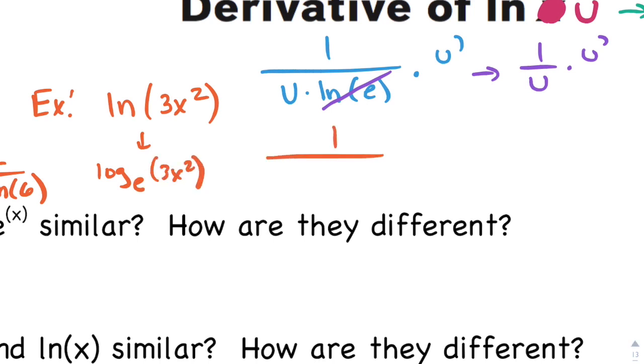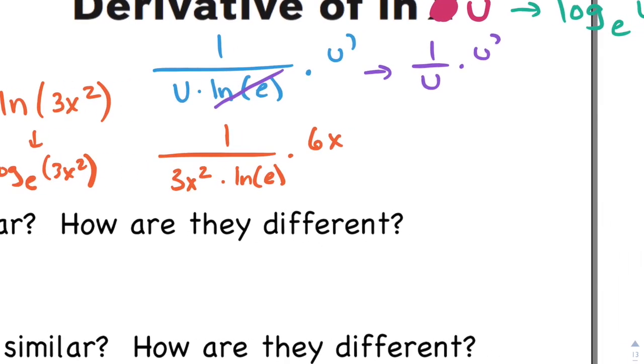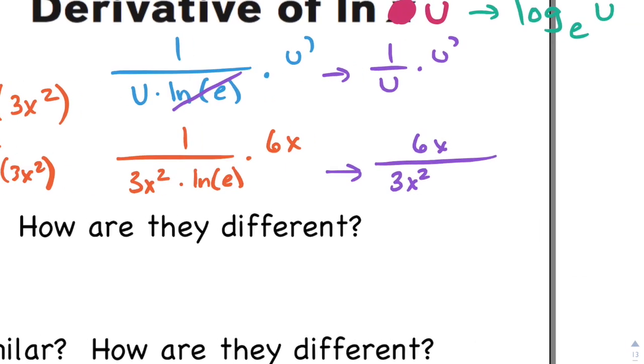So it's going to be 1 over 3x squared times ln of e times 6x, which after I clean it up will become 6x over 3x squared times ln of e.